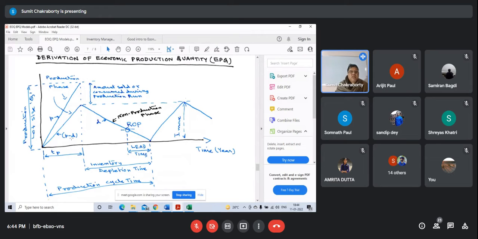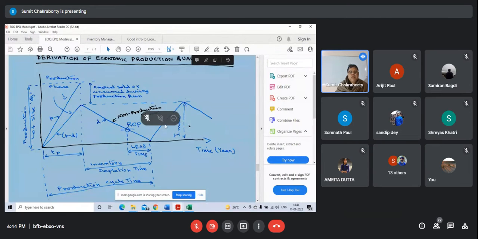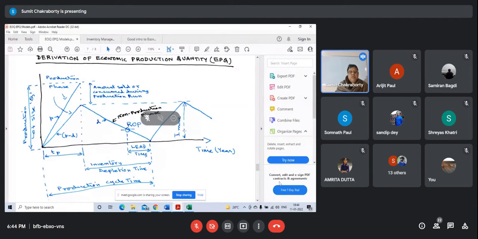So P minus D, since P is greater than D, P minus D is the inventory build-up rate. So the maximum inventory built up after immediate stoppage of production is Imax. So this Imax is the maximum level of inventory, and minimum level of inventory is 0.